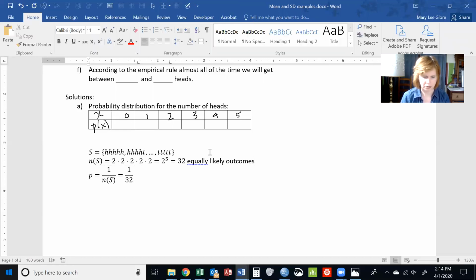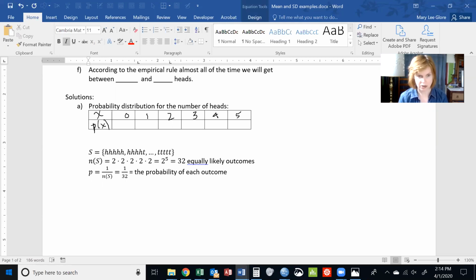So each outcome is going to have probability 1 over 32. So what I can do is just count the outcomes for each of these events and multiply that times 1 over 32, and it's going to tell me the probability of each one.